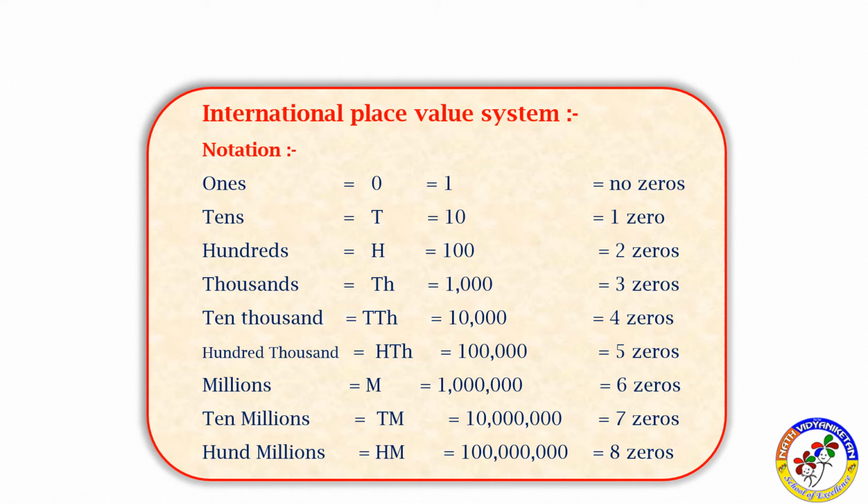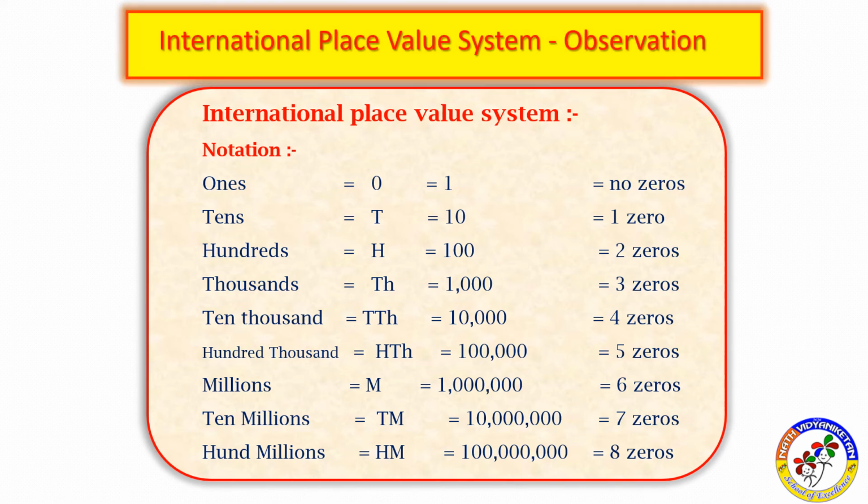Okay, next 100 millions. 100 millions can be written with 100 as H and millions as M, that is HM. We have 8 zeros in that. Is it clear? International place value system. Okay na?